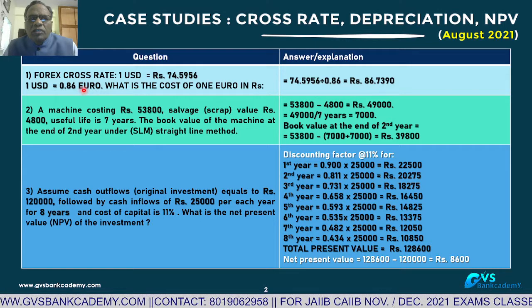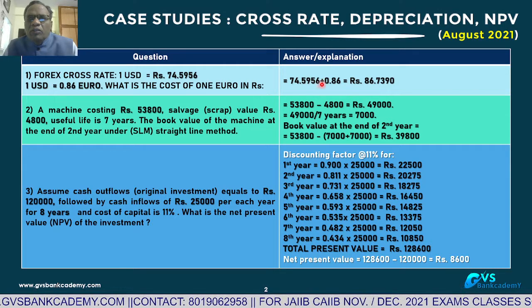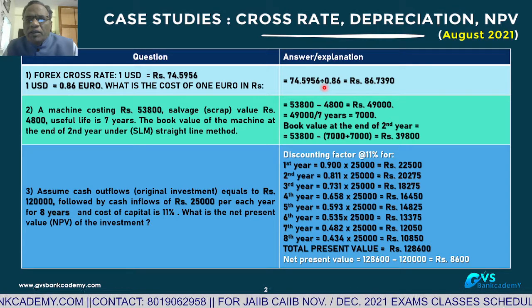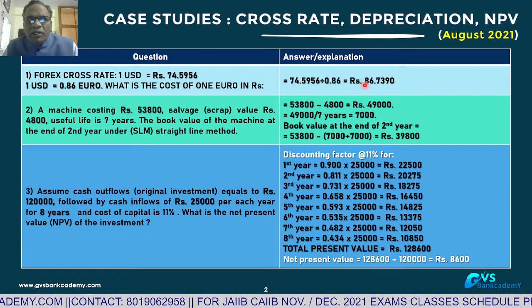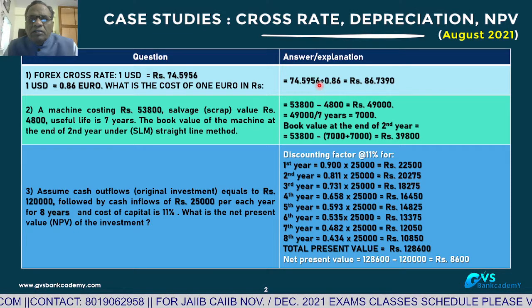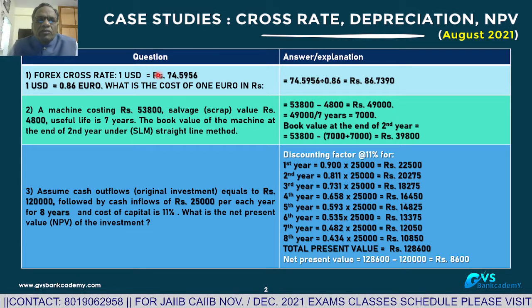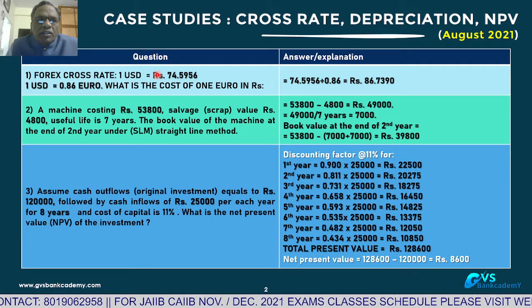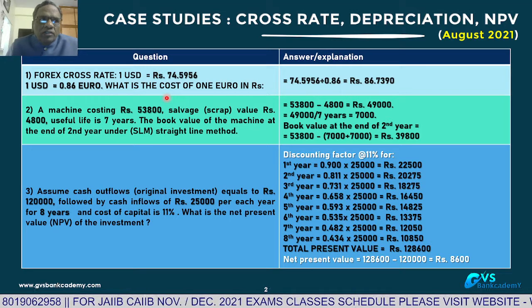Here the euro is costlier than the dollar. So how many rupees do you have to pay? 74.5956 divided by 0.86. You have to pay 86.7390 rupees for each euro. This is the cross rate calculation using the dollar-euro rates.